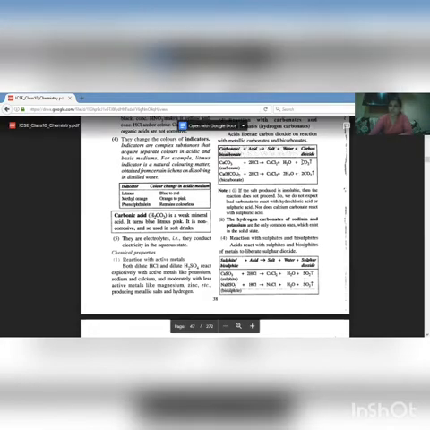Remember that sulfur dioxide and carbon dioxide have the same test: they turn lime water milky. Reaction with sulfides: when ZnS or a metal sulfide reacts with an acid, there will be a formation of salt and hydrogen sulfide. Hydrogen sulfide gives a rotten egg smell, that is the test of H2S.